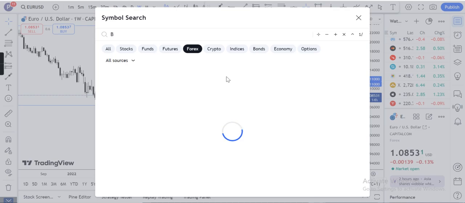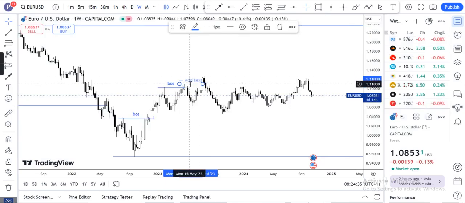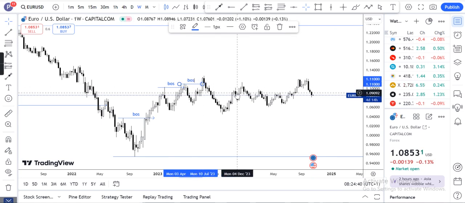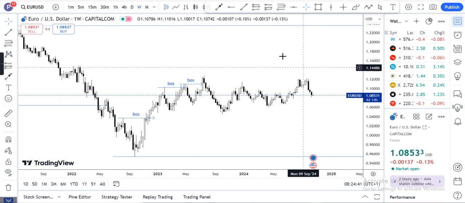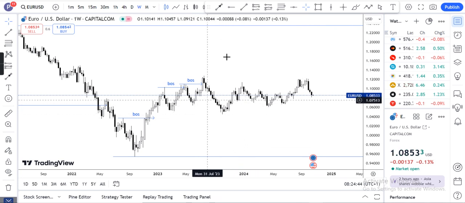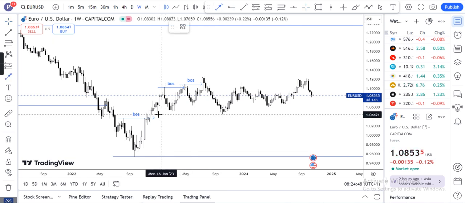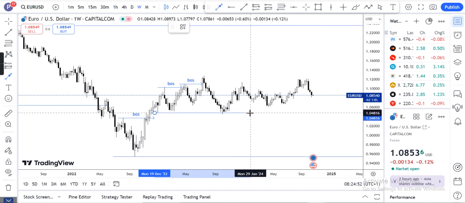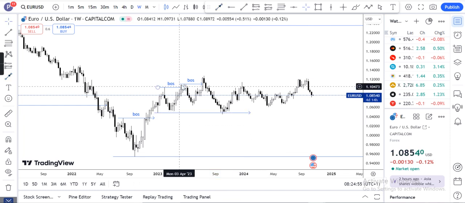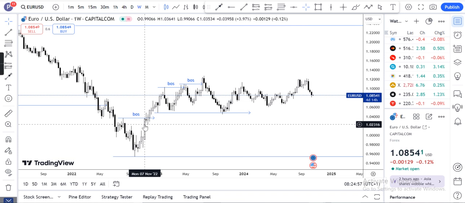So the point is this. These levels are very important levels, so that's why we have to note them down. And all of this move, this area we can see, is basically what we can call liquidity. So market actually came down to swipe liquidity from this break of structure here.